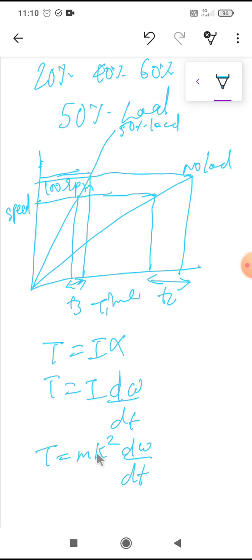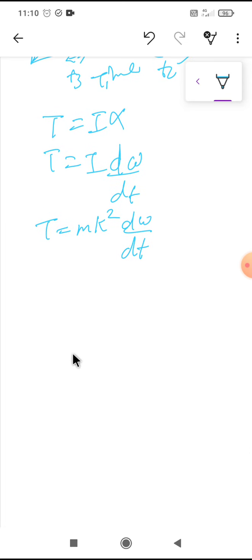Here k is the radius of gyration and m is the mass. Now if I make d omega the subject, we'll get d omega = T divided by mk square into dt.